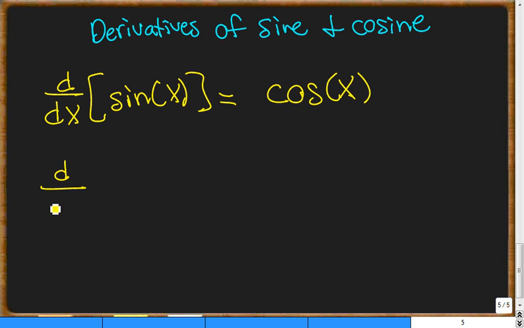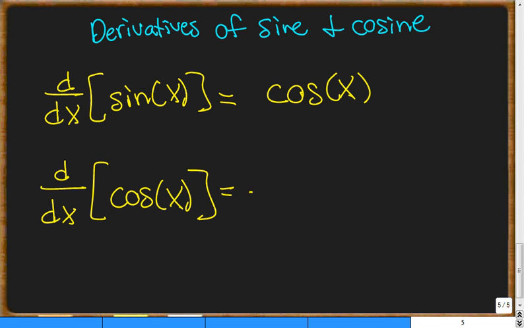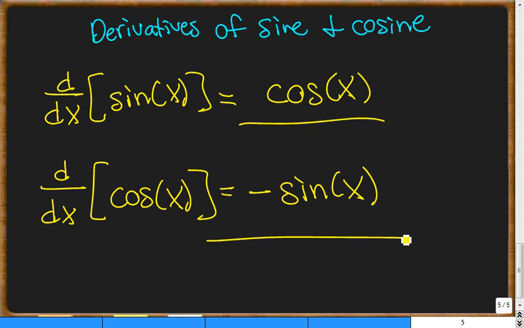And the derivative of cosine of x is negative sine of x. It's very important to make sure that we consider this negative, and we'll talk more about these and some other trig functions in the future, but these are the basis of everything that we need to know right now.